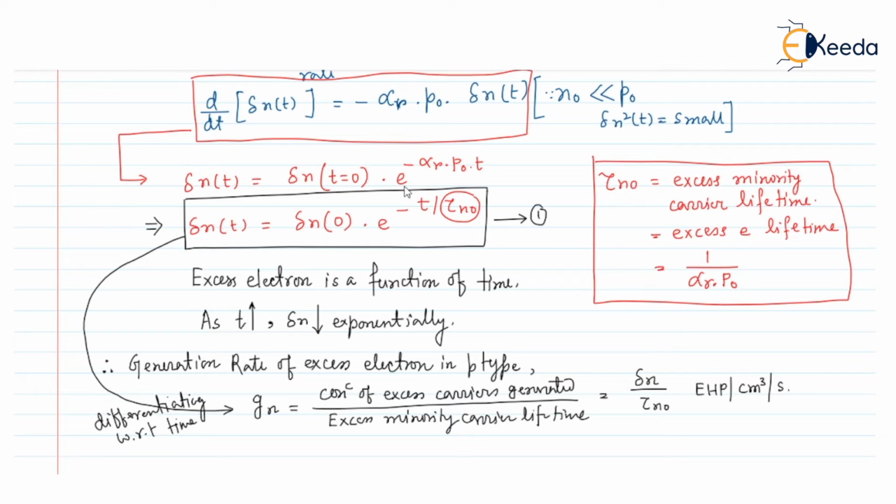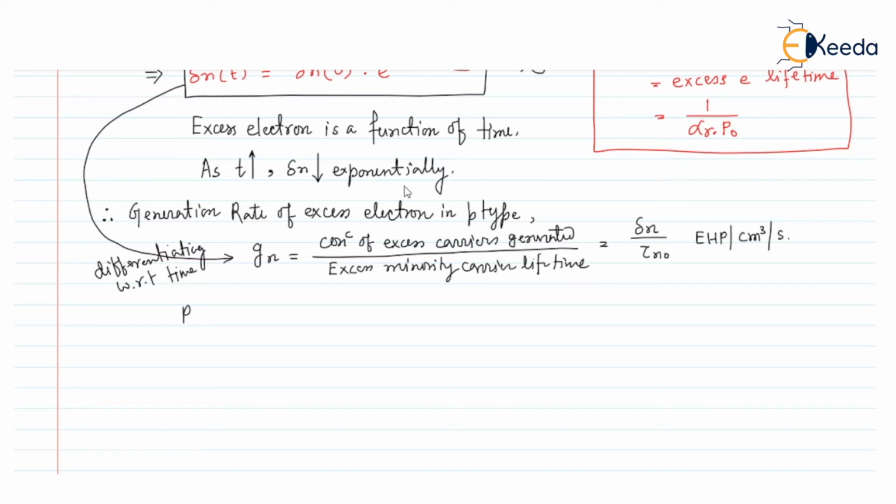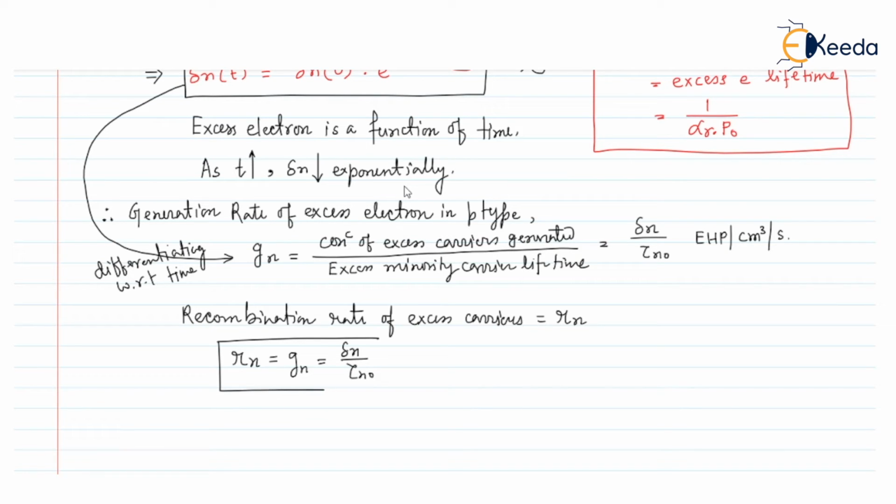So we can say that the recombination rate of the excess carrier, if I denote it as Rn, this Rn value should be equals to the generation rate, that is del n by tau n0, because the generation rate and the recombination rate of an excess charge carrier will be same, and that will be equals to del n by tau n0, with a unit of electron hole pair per centimeter cube per unit second.